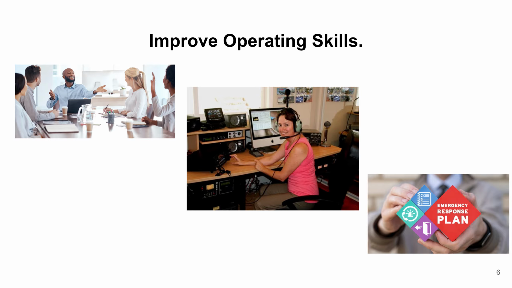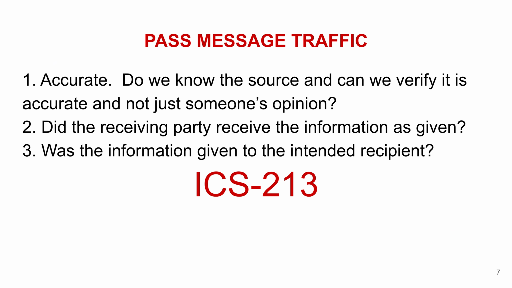Pass message traffic. Now this is a critical skill. It is the information we are passing on. First of all, is it accurate? Do we know the source, and can we verify it is accurate and not just someone's opinion?